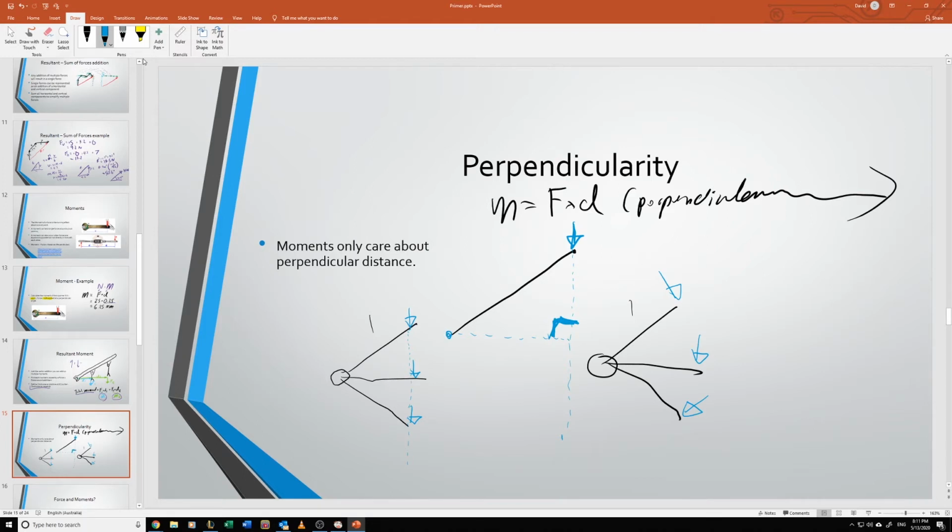This is the actual length that you want. This is not the length. I see the problem, I did X for both of them, but we don't want this length over here. We actually want this length connected to the X. These situations look similar, but over here the force is actually at a right angle the whole time. So these are going to produce different moments.